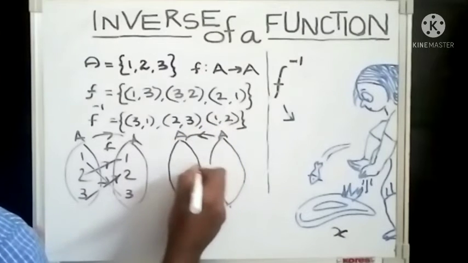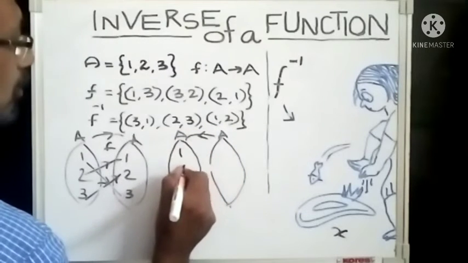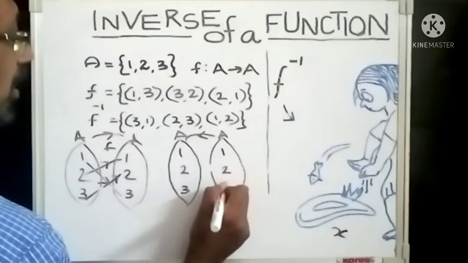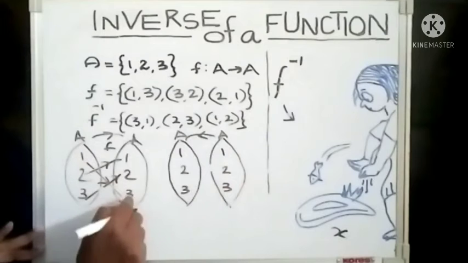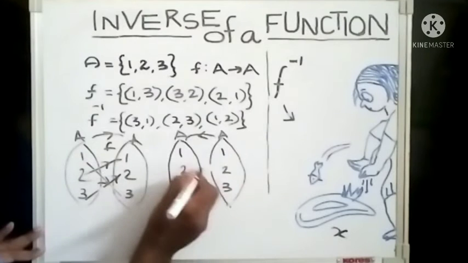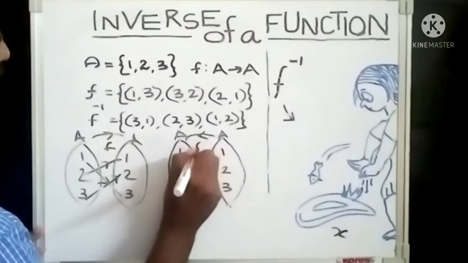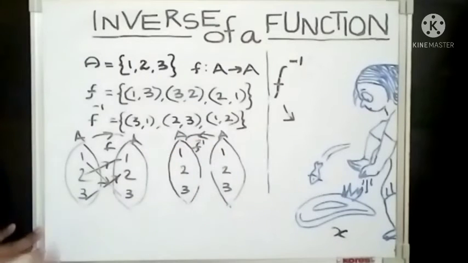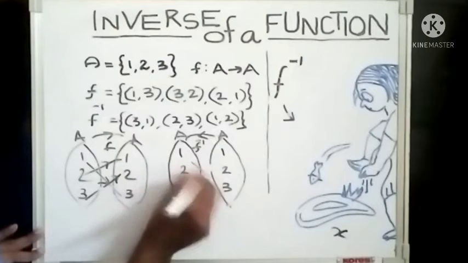Since 1 is related to 3, in f inverse, 3 should be related to 1.